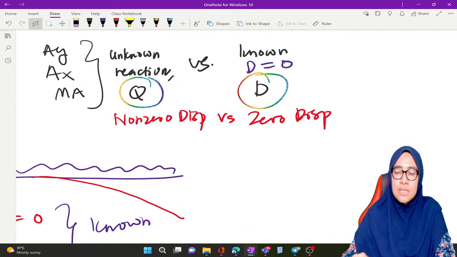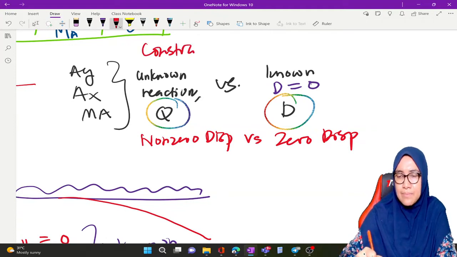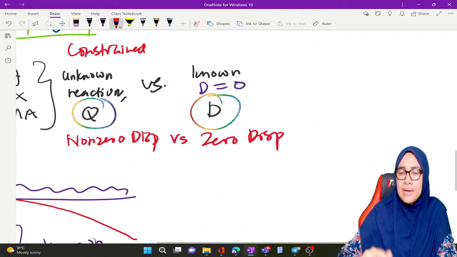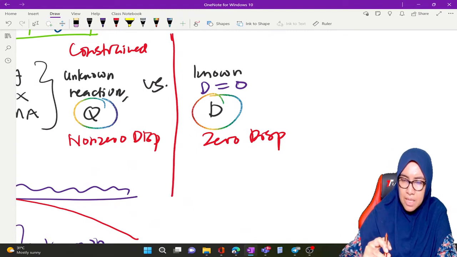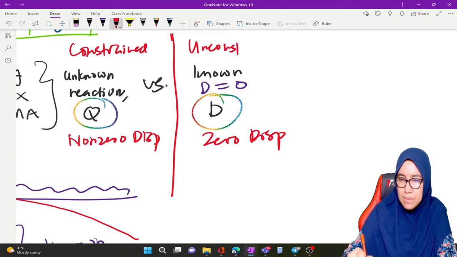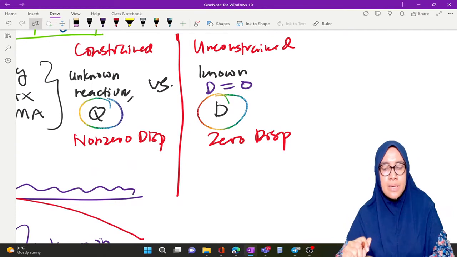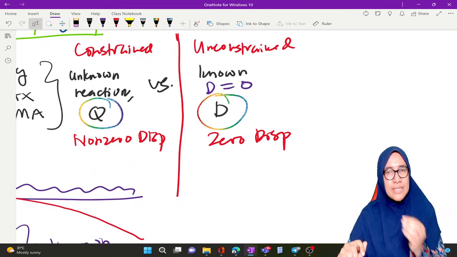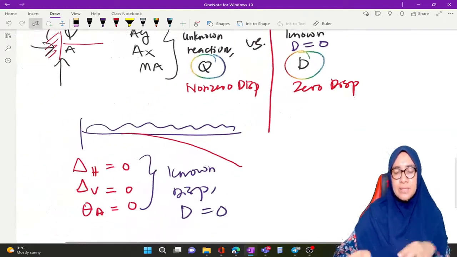This occurs in a constrained system, the boundary, versus the unconstrained degree of freedom system. Non-zero versus zero, unknown versus known.